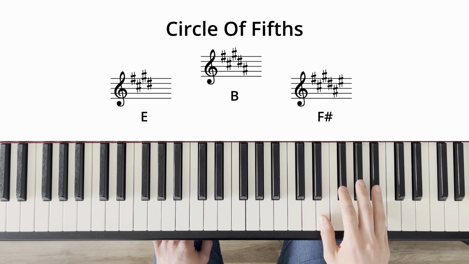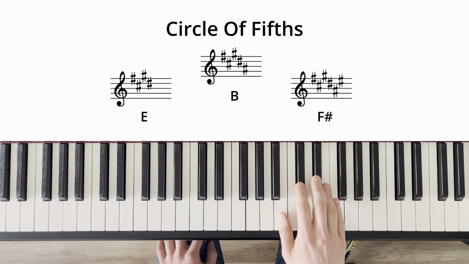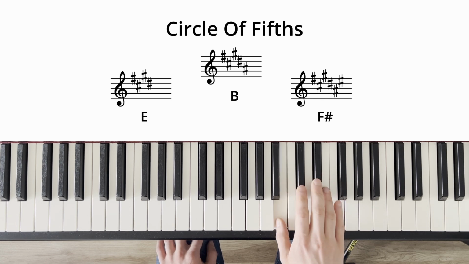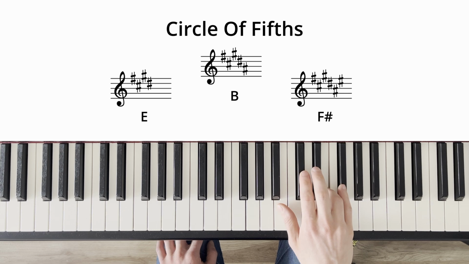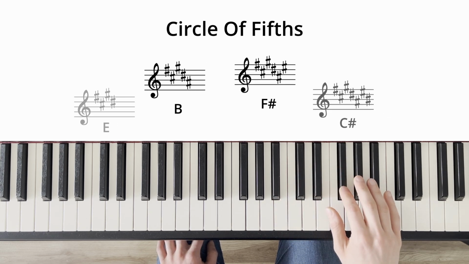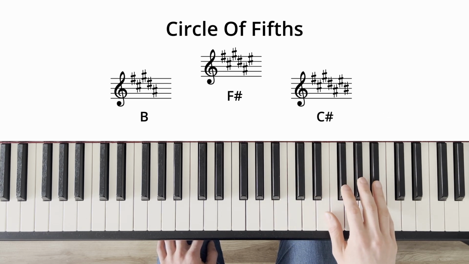At this point, we're already using all the black keys, so what comes next? Well, let's see what happens if we try to move one more notch around the circle. If we start from B and play the first 5 notes of a scale that uses all the black keys, we get 1, 2, 3, 4, 5, F sharp. So F sharp major is the key with 6 sharps.